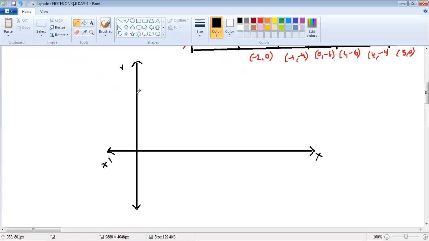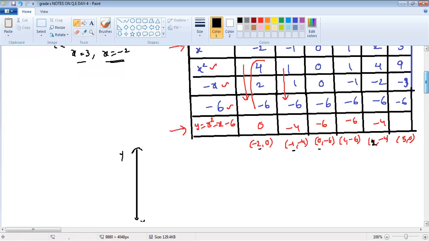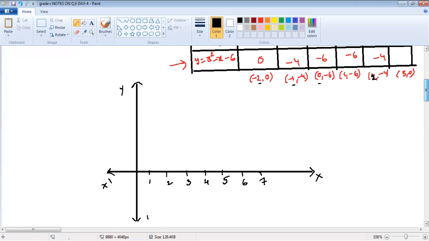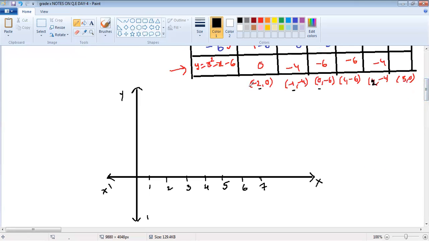X dash, Y dash. Marking is up to you, but we don't have the scale, so I'm taking roughly 4, 5, 6, 7. It's enough. X values minus 2, minus 1, 0, 1, 2, and so on. Then take this side also negative values up to minus 1, minus 2.